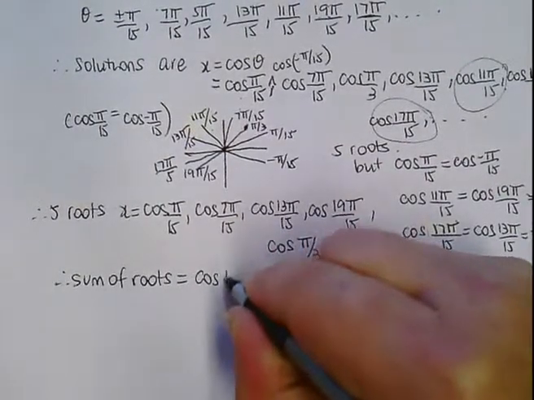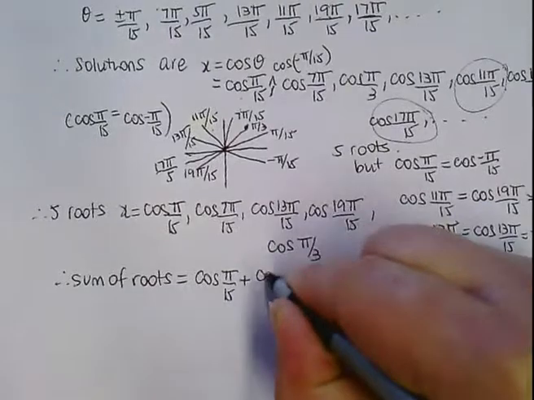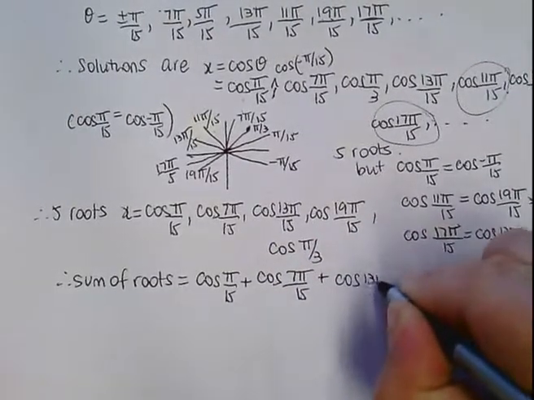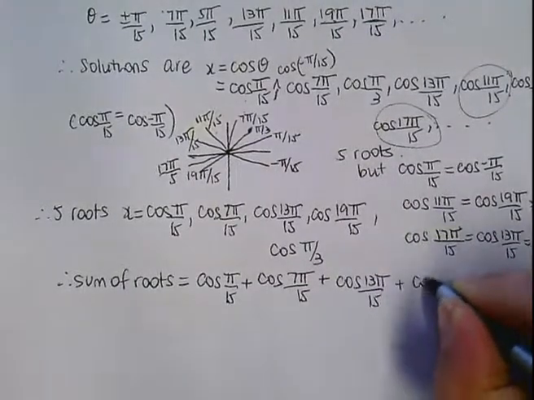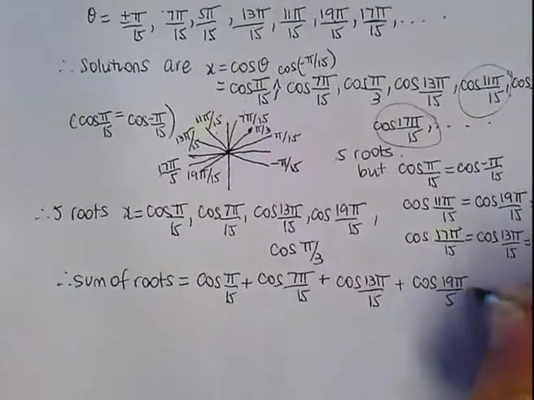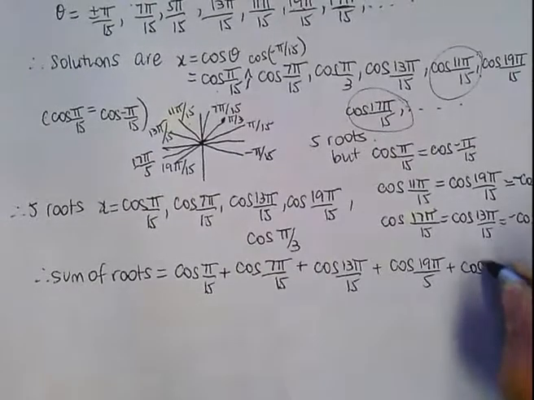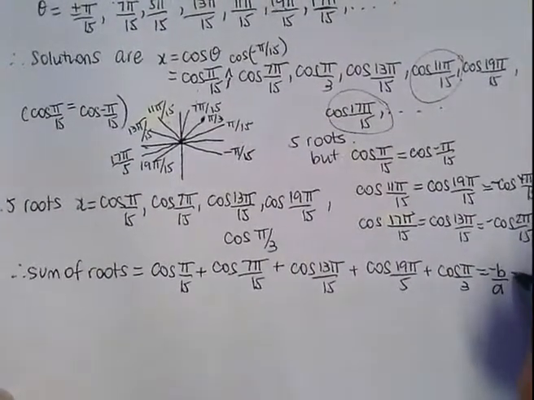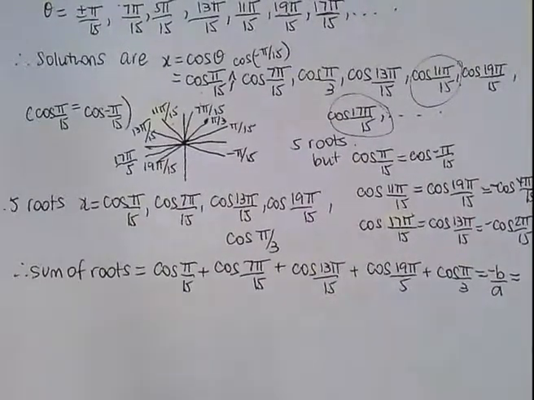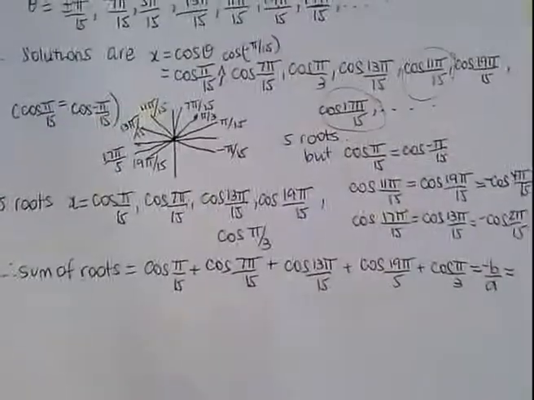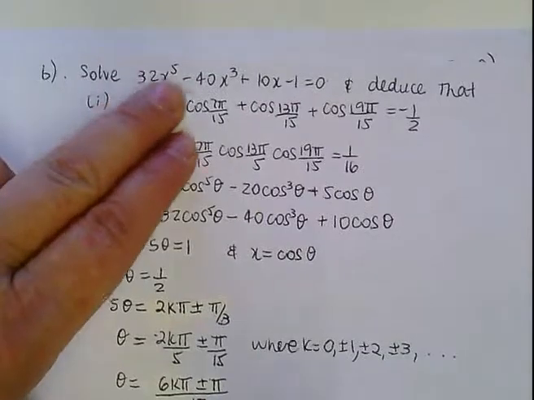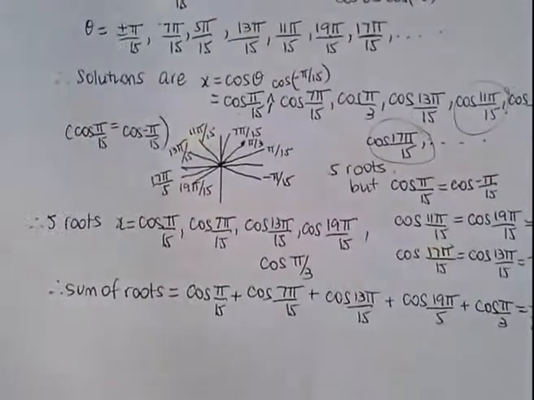So therefore, the sum of roots equals cos of pi on 15 plus cos of 7 pi on 15 plus cos of 13 pi on 15 plus cos of 19 pi on 15 plus cos of pi on 3. Now that equals negative b on a, which, looking at our equation, b is 0, so it's 0.